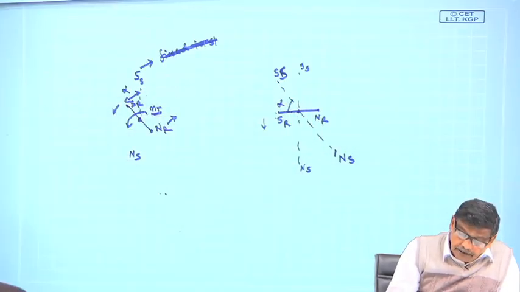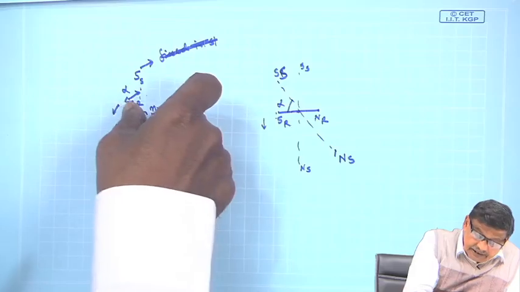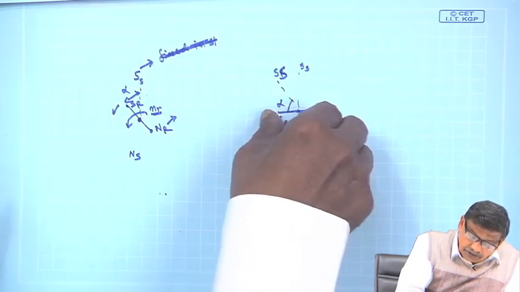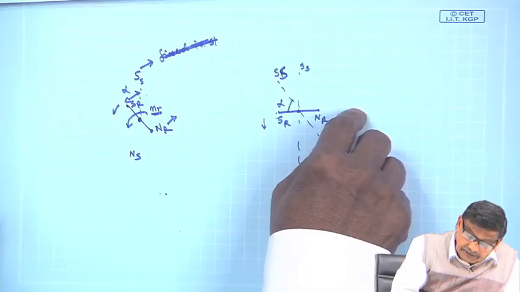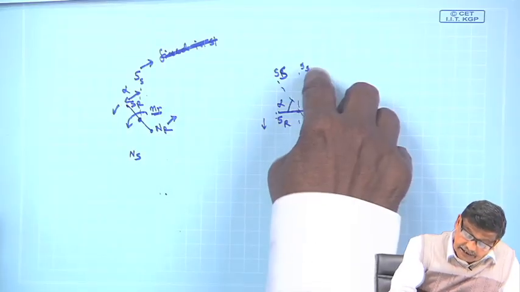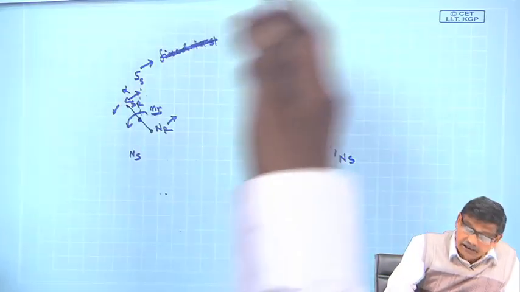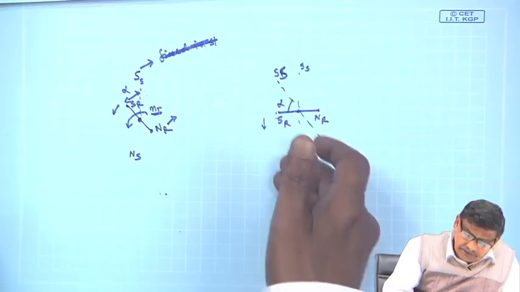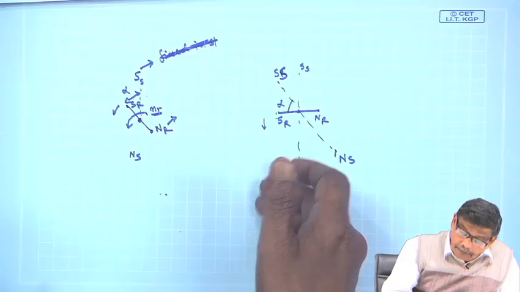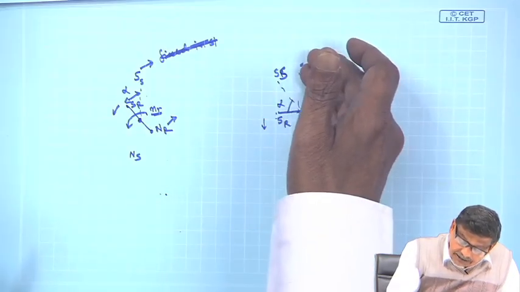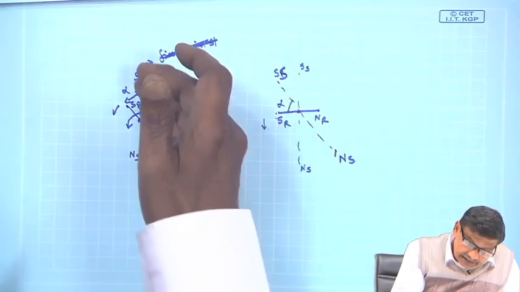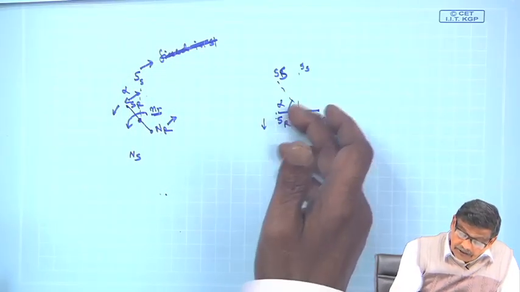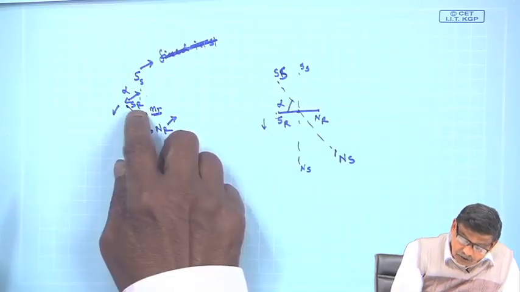Now, some time elapses, SR and NR, because it was experiencing a torque, will come suppose in the horizontal position like this, and if SS and NS was where it was earlier like this, still torque is produced, but the magnitude of the torque between this SS and SR will be different, because the angle between them is no longer alpha.